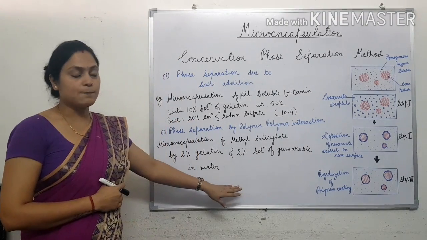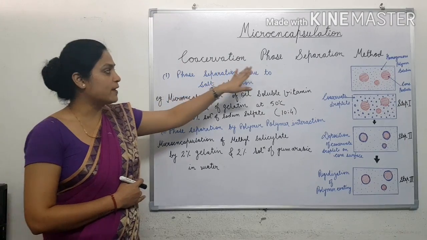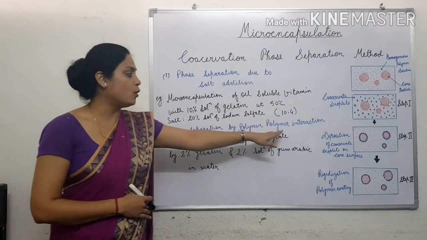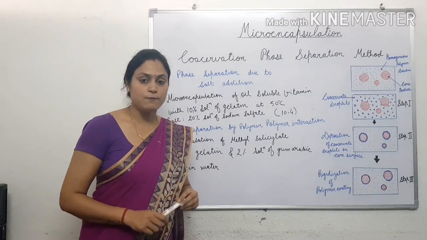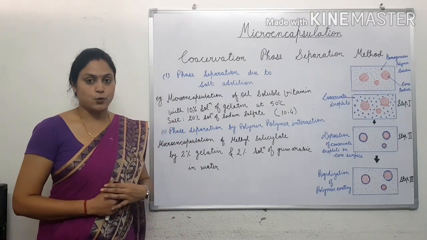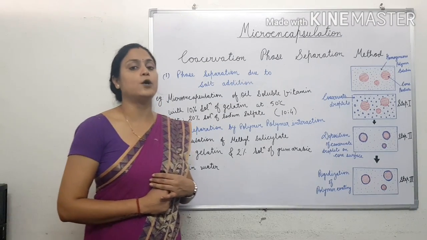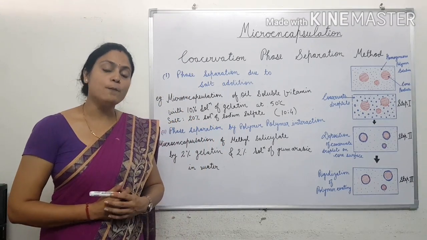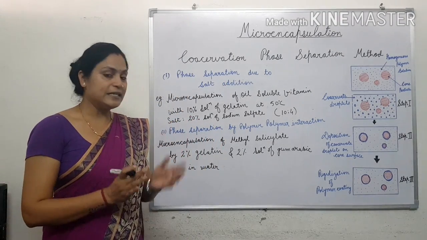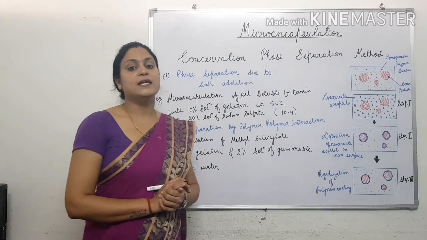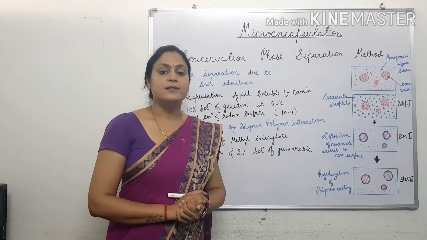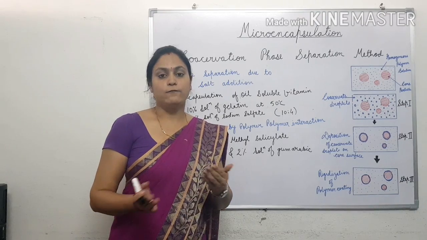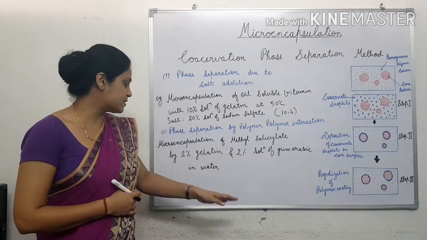The last principle used in the coacervation phase separation method is polymer-polymer interaction. When aqueous solutions of certain oppositely charged polyelectrolytes come in contact with each other, they interact with each other and result in the phase separation of one of the polymers in the system.